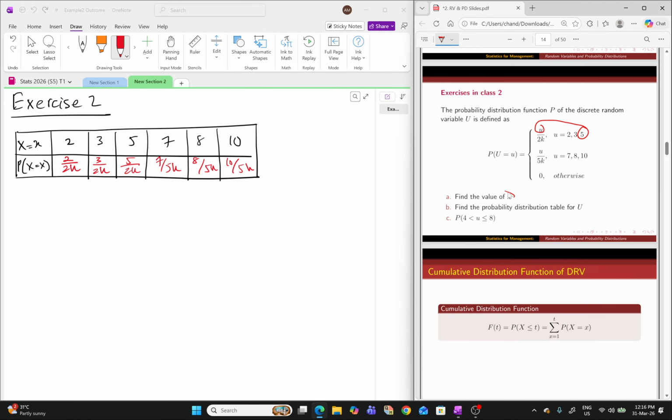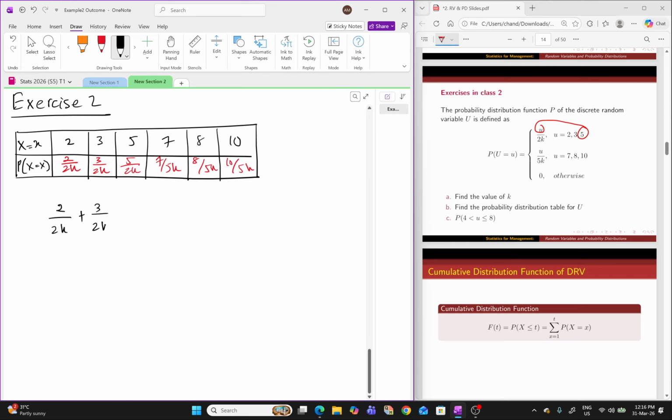How to find the value of k? You take all the probability equate with 1.